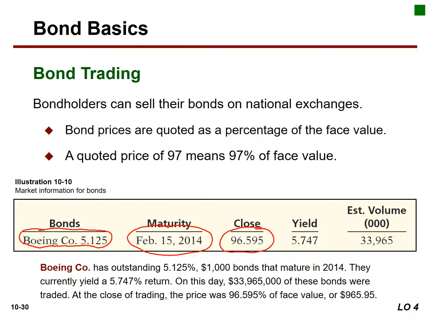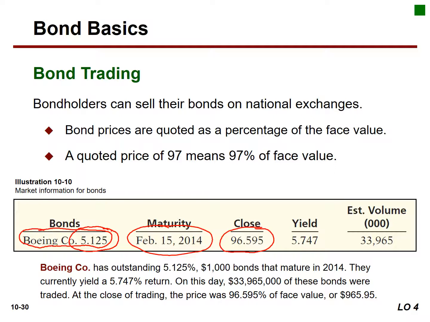They're trading at less than face value because interest rates have increased. Because interest rates have increased, this 5 1/8 bond is not as attractive an investment as bonds that are paying a higher interest rate. So in order for this bond to be sold, you have to offer it at a lower price. We'll talk about that more here in a few minutes, about what causes bonds to increase and decrease in value.